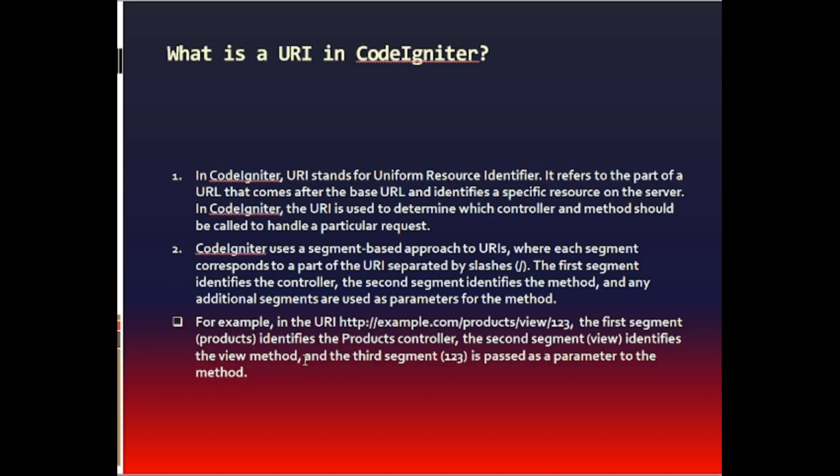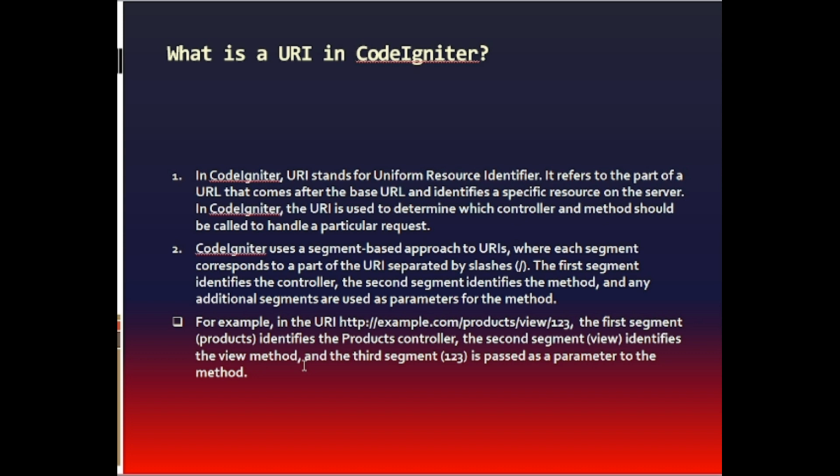Next, URI in CodeIgniter. URI stands for Uniform Resource Identifier. It refers to the part of the URL that comes after the base URL and identifies a specific resource on the server. In CodeIgniter, the URI is used to determine which controller and method should be called to handle a particular request.